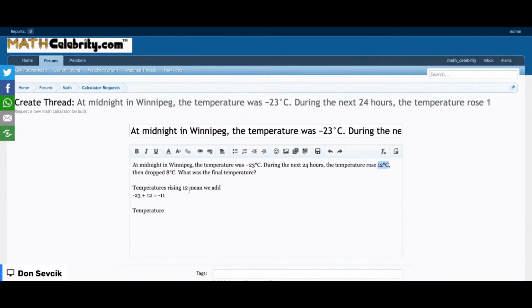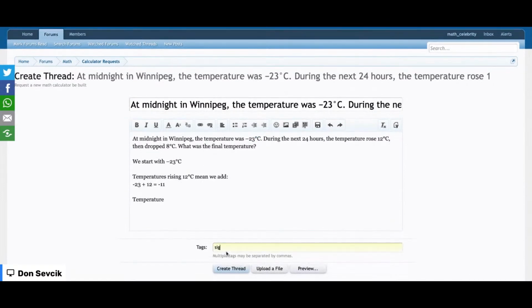Let me write it out nice here. So we start with this. This is going to be signed operations, by the way, signed integers. Okay. Now let's do this again.